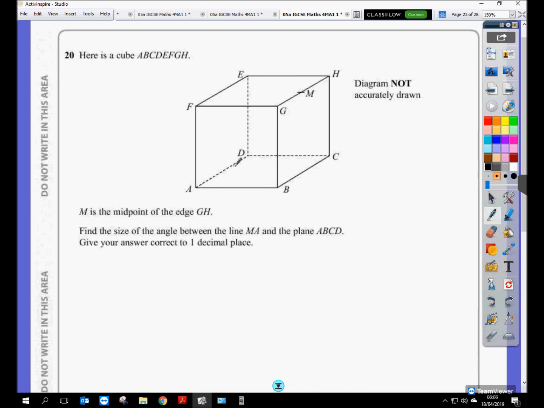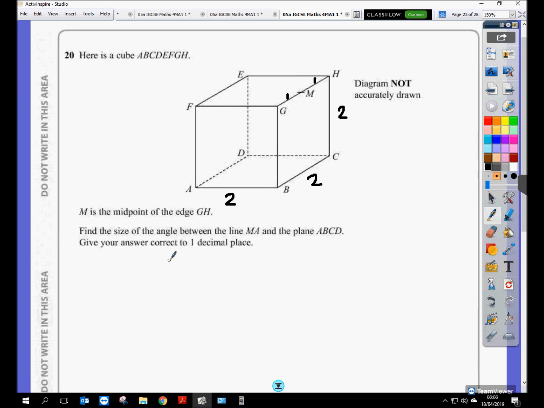So what I'm going to do, because there's a midpoint on this, I'm going to choose for the cube to have side length of 2. So all the sides are length 2. Okay, and that means this bit will be length 1 and this bit will be length 1 because M is the midpoint.